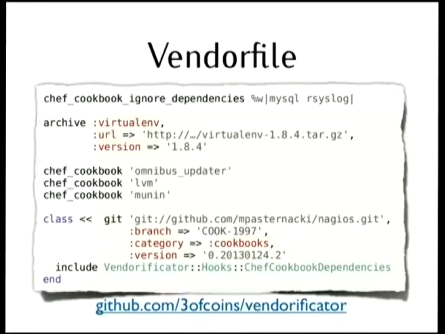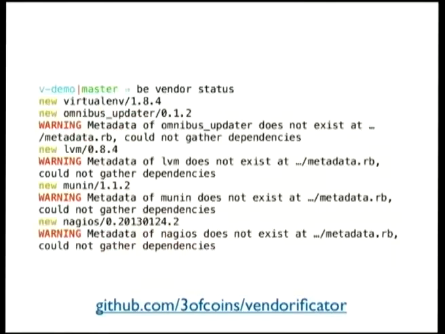And let's see what we can do with that. When we try to look at the status, we see that there are some new modules and that the metadata of Chef cookbooks cannot be read, so it cannot figure out the dependencies. Let's try to sync that.